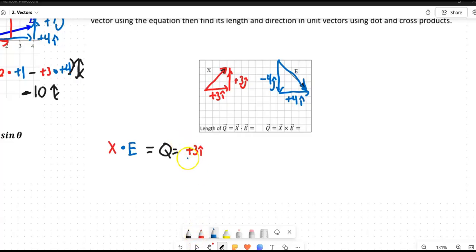We multiply the parallel portions together, so positive 3i times positive 4i. We're going to add that to positive 3j times negative 4j. I'm putting the hats there just because I want to make sure I'm accounting for everything.